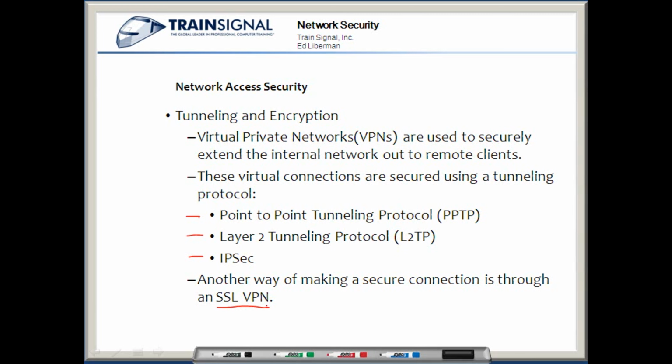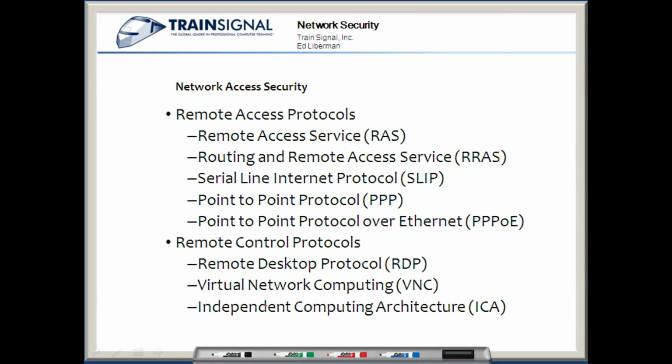So, if you understand what SSL is, Secure Sockets Layer, well, then it kind of makes sense that an SSL VPN is one that connects using a web browser, or HTTPS, which is HTTP using SSL. Now, I will also tell you that SSL VPNs can also use TLS, Transport Layer Security, which we learned in an earlier video is the more modern version of SSL.